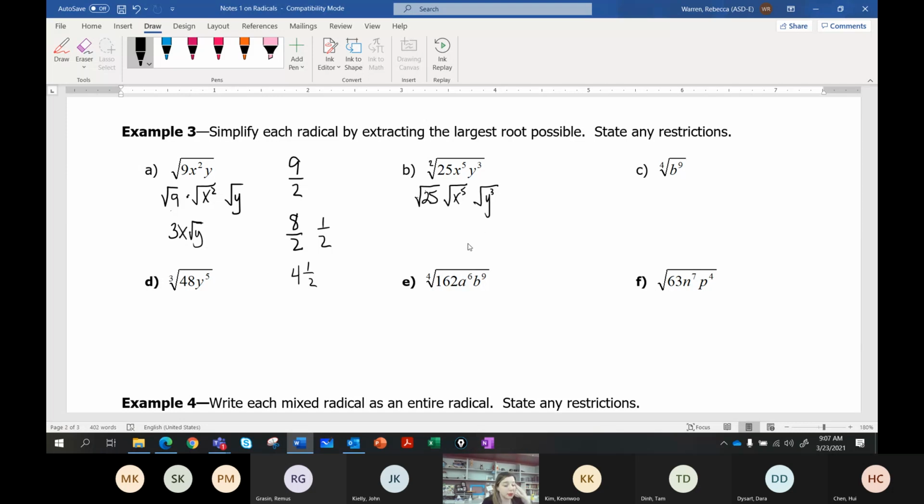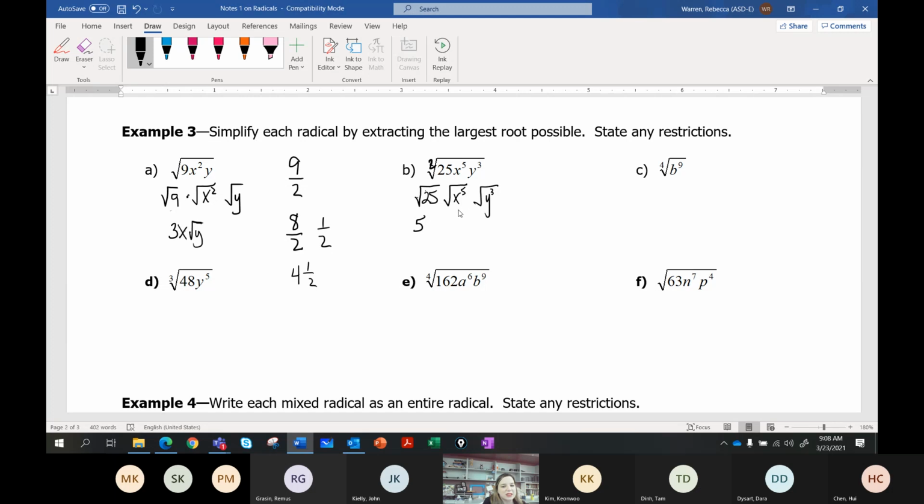So the reason why that's important is because what I'm going to suggest to you now is when you're working with your variables, you basically think of it that way. Whatever your index is, you want to think, how can I divide 2 into that exponent? So I'm just going to show you what I mean. So we have square root 25, that's 5.